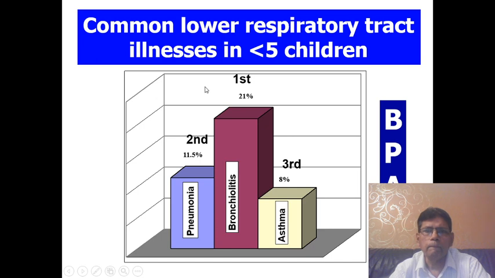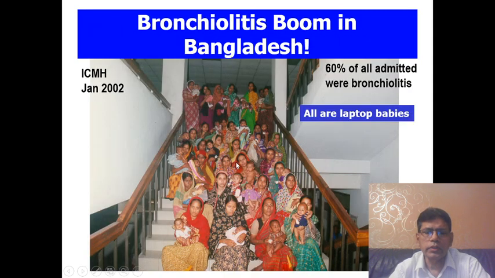And this is the result of our study. The commonest cause is bronchiolitis 21%, pneumonia 11.5%, asthma 8%. BPA: bronchiolitis, pneumonia, and asthma. This is our experience at the Institute of Child and Mother Health in the year 2002.